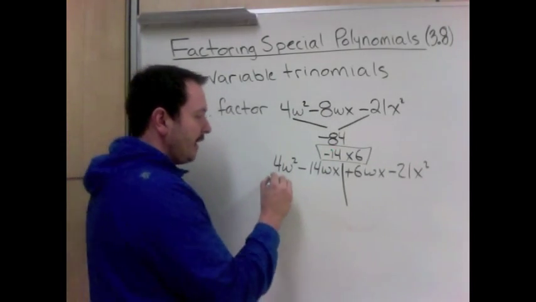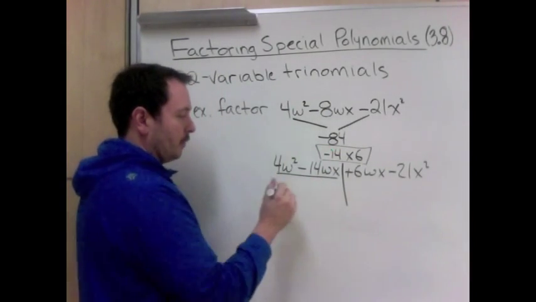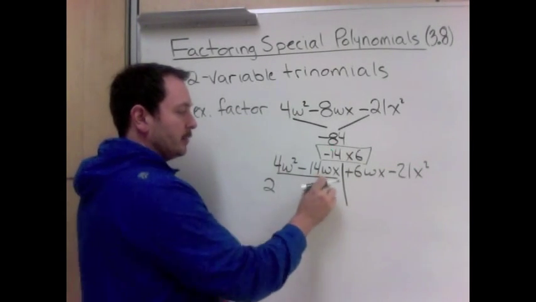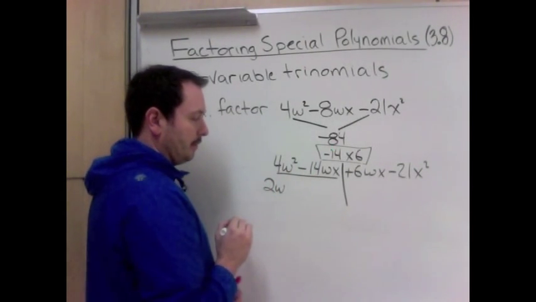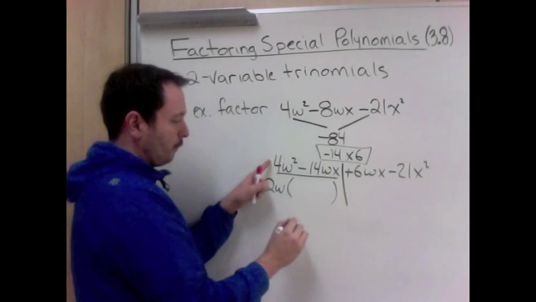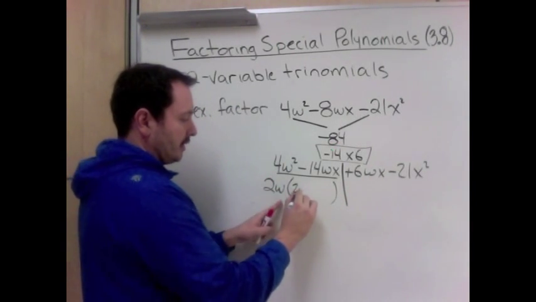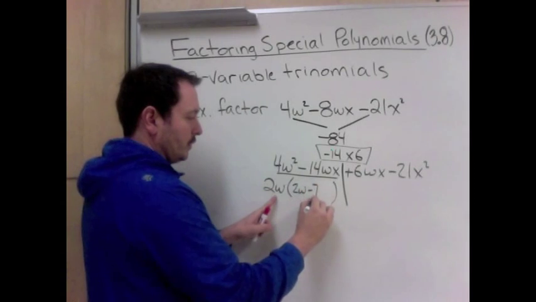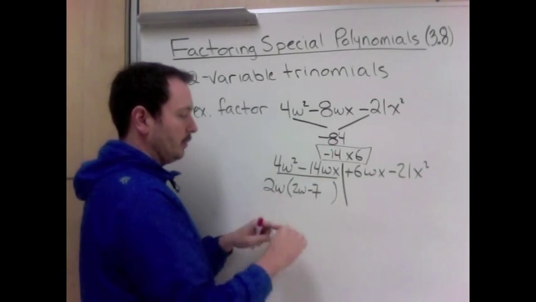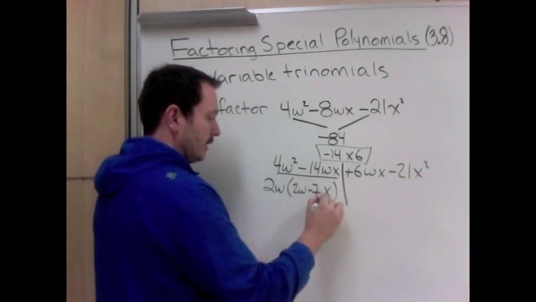Step three was factor what these have in common. 4 and 14 share a 2 in common. W squared and w share a w in common. So 4 divided by 2 is 2. W squared divided by w is w. 14 divided by 2 is 7. W and w gone. X is still there.